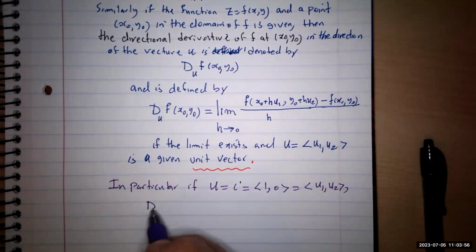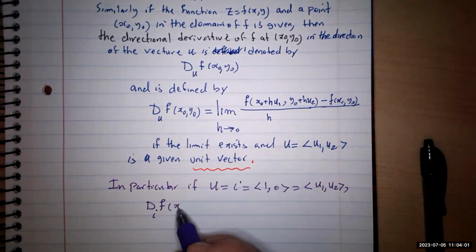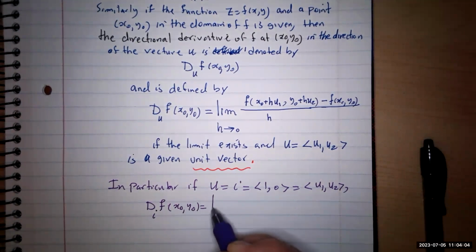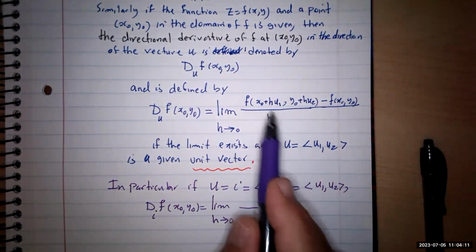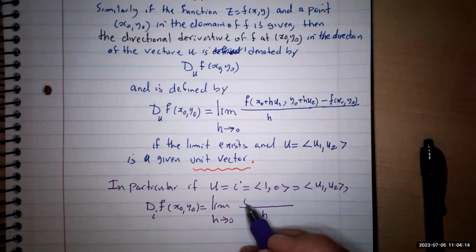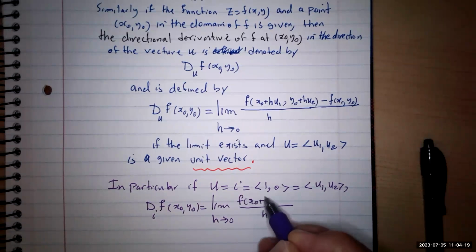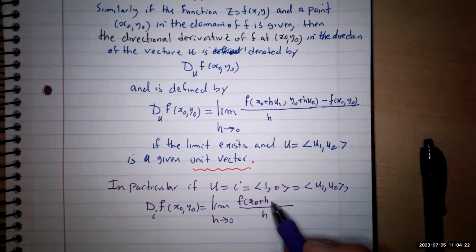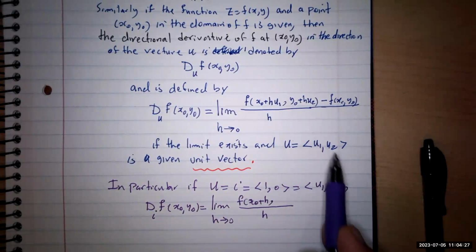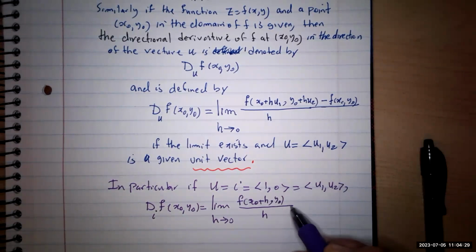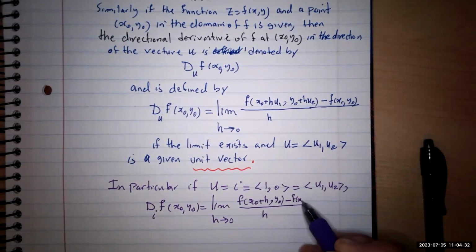The directional derivative of f in the direction of i at the point x0, y0 would be simply the limit as h goes to 0 of, over h, f of x0 plus h, because u1 is 1 and u2 is 0, comma y0, minus f of x0, y0.